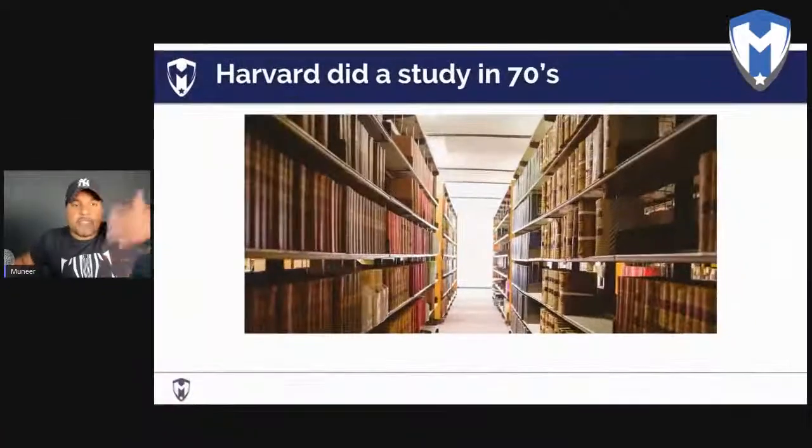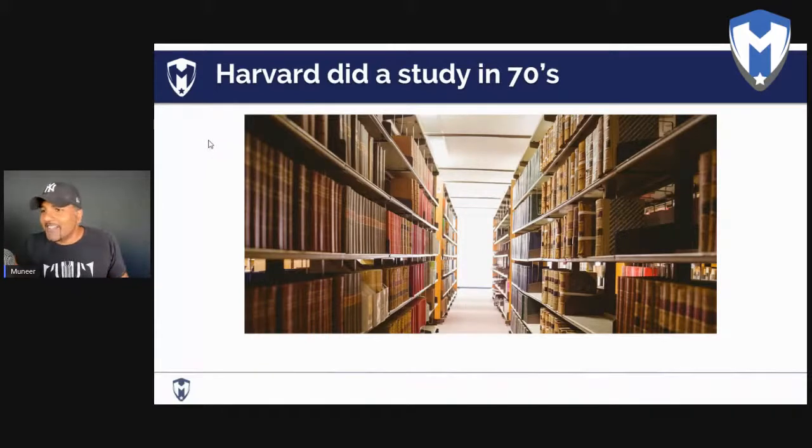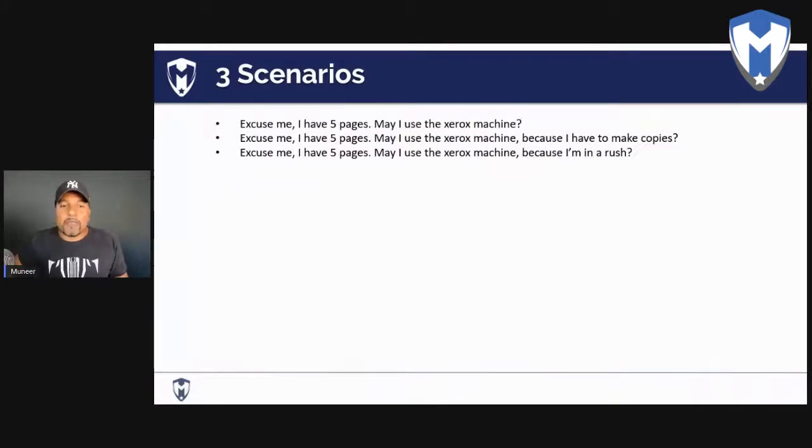So what they did in the 70s, because there were such long lines at the photocopy machine, they did a study. They were like, let's see what it would take to cut into the line, right? As we say in the Gulf, we say wasta, you know, try and cut in, right? A little bit of wasta. So they had 3 scenarios.